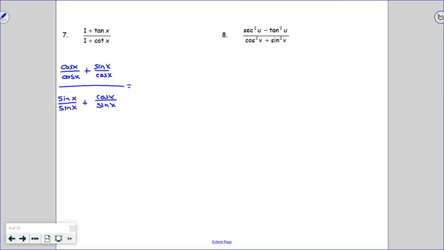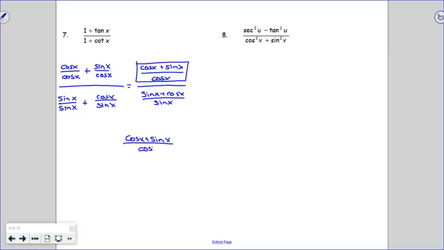All right, so adding straight across the top, we have cosine x plus sine x over the common denominator. And in the bottom, again, straight across the top, sine x plus cosine x over the common denominator. And now I can take my numerator times the reciprocal of our denominator.